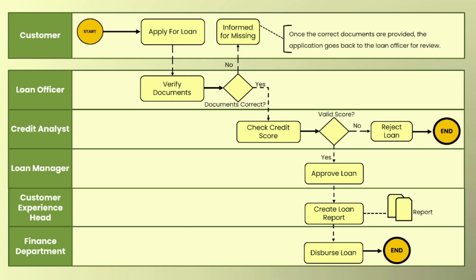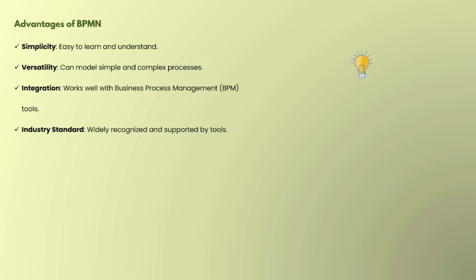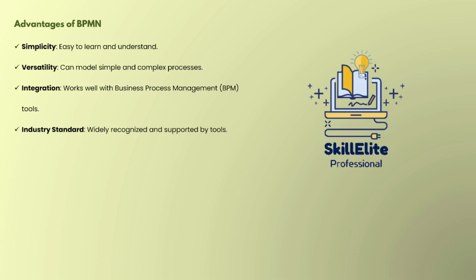We are seeing how we jump from one external entity to another, how we pass the process from one place to another, and how after the completion of an activity we can jump onto the lane of another external entity. So this is the overall picture of the BPMN for the loan management system. Now let's see the advantages of BPMN.